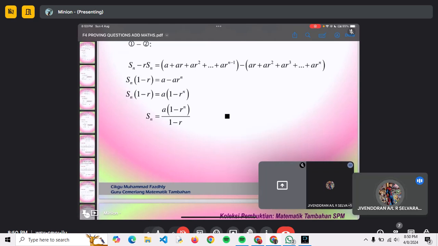And we know a is the same here, so we can factorize a out. Now we'll get Sn(1 minus r) equals a in bracket 1 minus r to the power n close bracket. And we can bring the 1 minus r to the other side, then we'll get Sn equals a(1 minus r^n) over 1 minus r. We get the formula. Okay, understand?